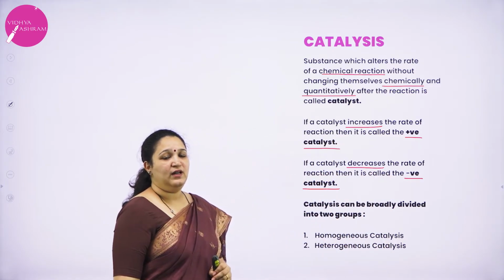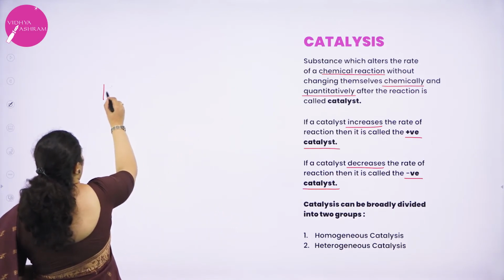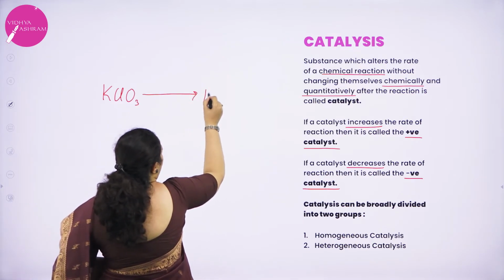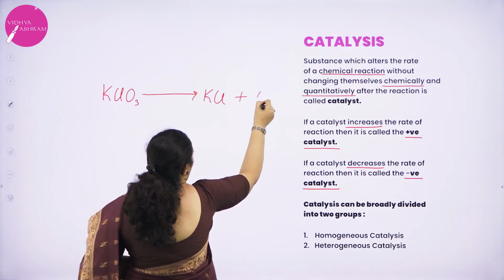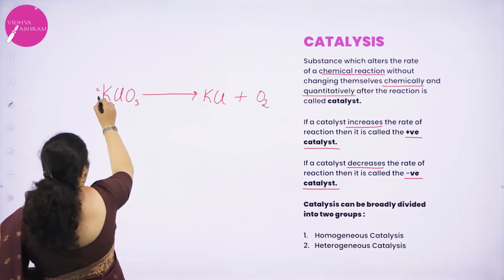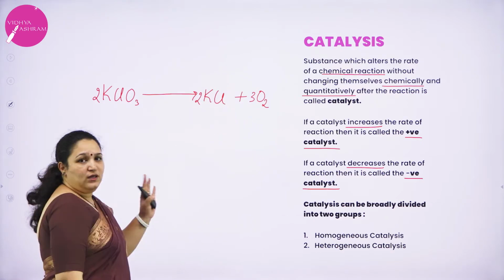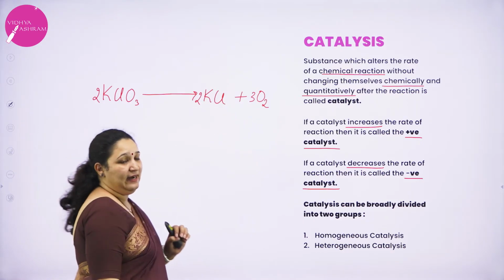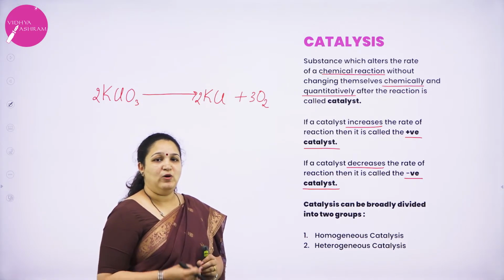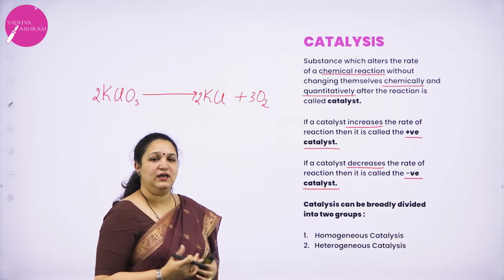Now for example, if I use potassium chlorate, KClO3, and heat this, I will get potassium chloride and oxygen. I'll just balance this. Now when I heat it just like that without using any catalyst, we require a very high temperature, above 653 Kelvin.